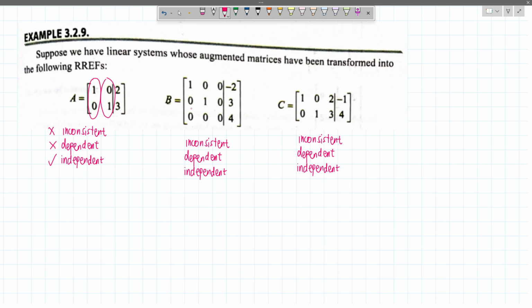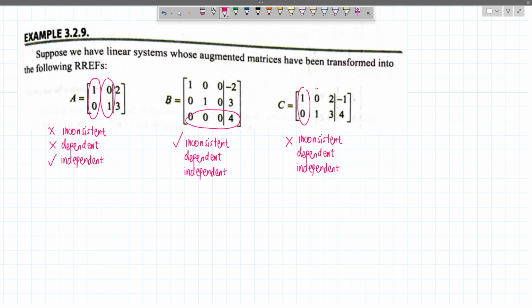Now let's look at P. We have a contradictory row. All variables are multiplied by zero, but the sum is a non-zero number. So that means it is inconsistent. And then lastly, if we look at this, we don't have any contradictory rows.